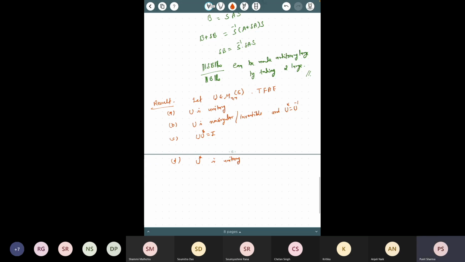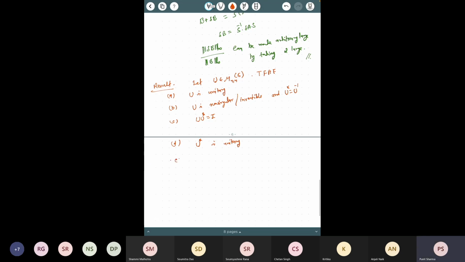Or you can say that U is unitary if and only if the columns of U form an orthonormal set. And similarly, U is unitary if the rows of U form an orthonormal set. So the columns or rows form an orthonormal set for a unitary matrix.